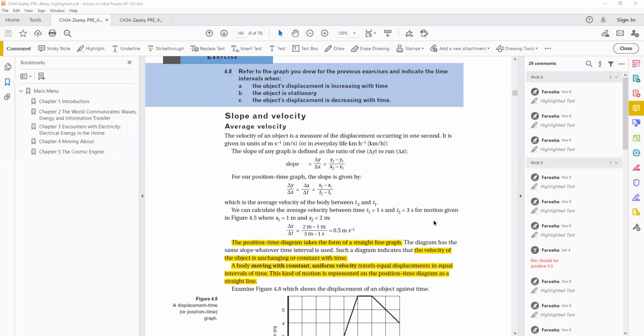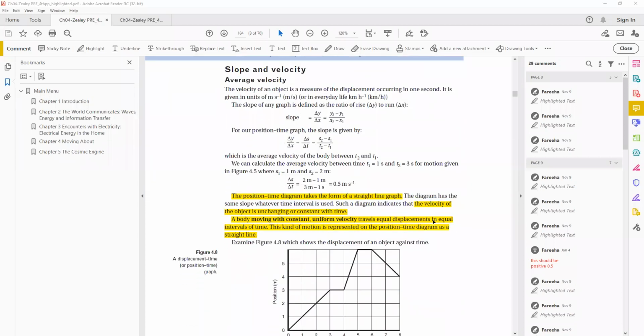Okay, let's start, right? So I'm going to share my screen with you. Okay, so you can see this is chapter 4 and we have completed chapter number 4.